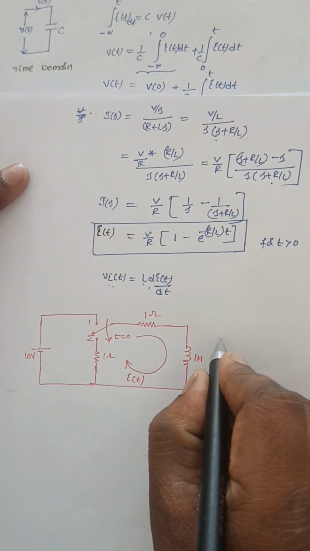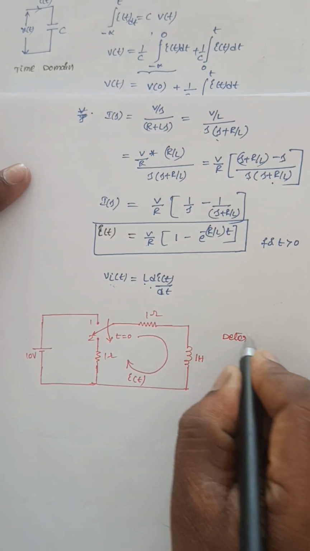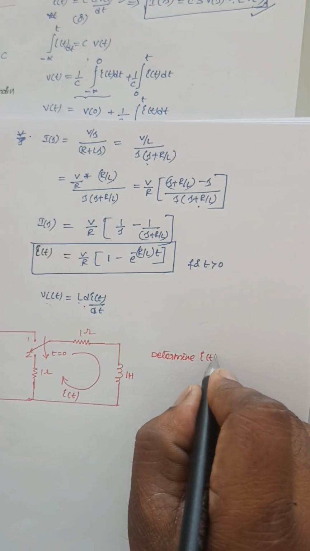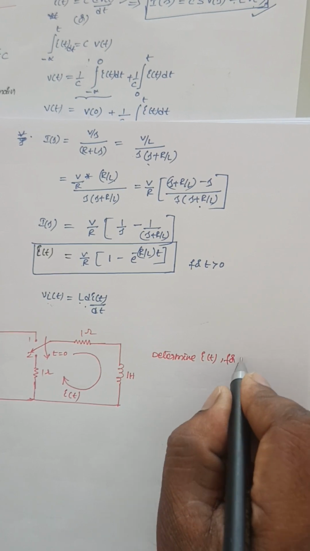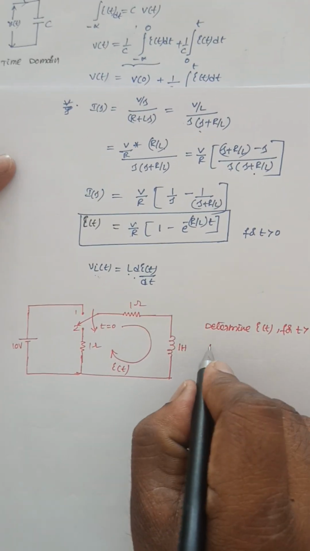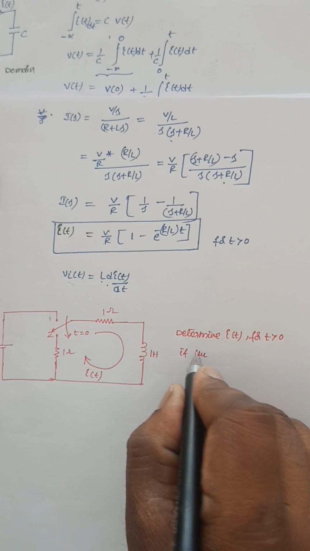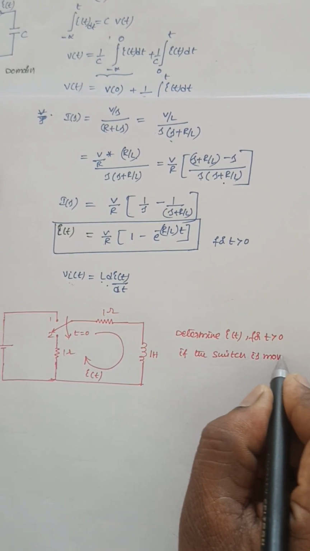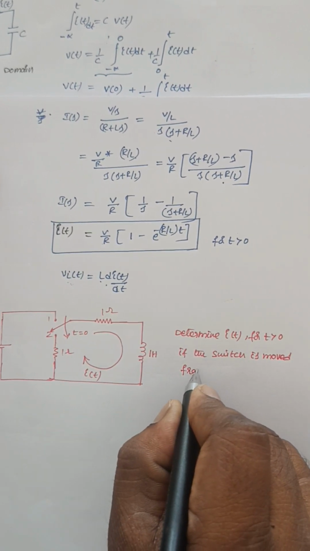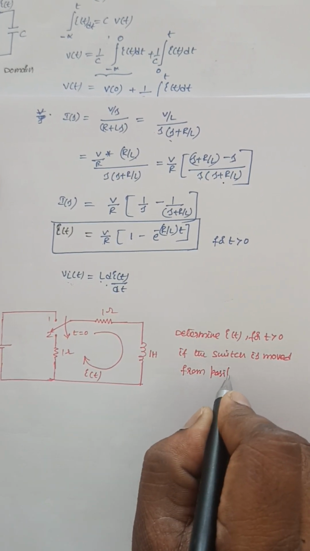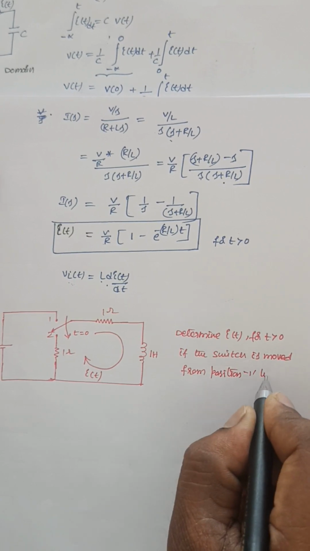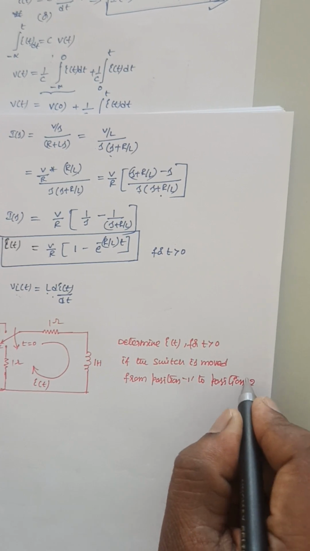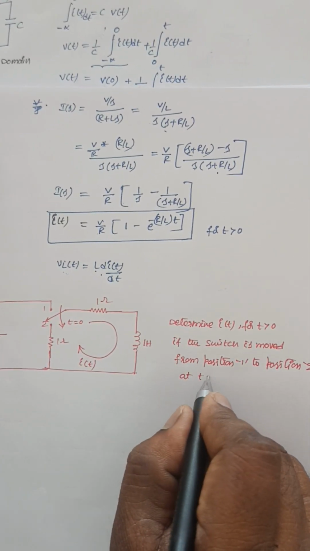So determine I of t for t greater than 0 if the switch is moved from position 1 to position 2 at t is equal to 0.